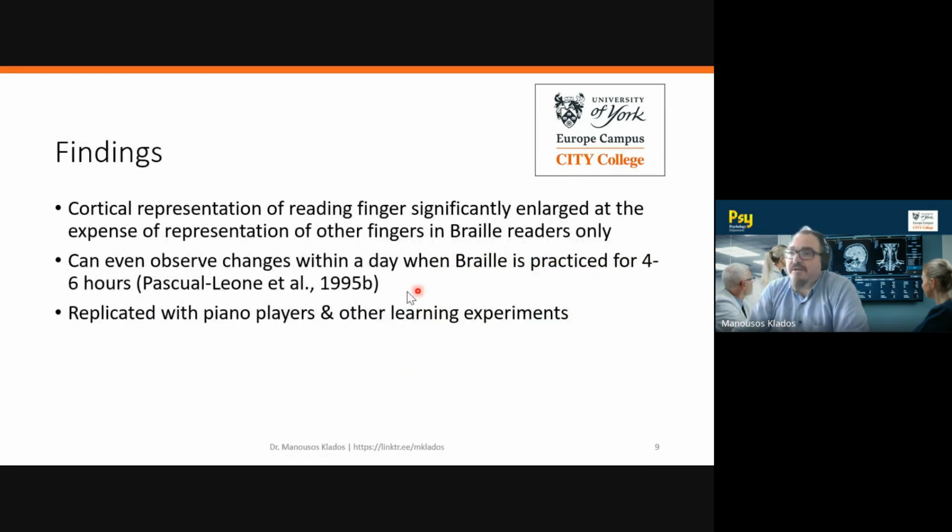And what he found is that the cortical representation of the reading fingers was significantly enlarged at the expense of the representation of other fingers in braille readers only. One can even observe changes within a day when practicing, for example, for 4 to 6 hours. And these findings were replicated with piano players and other learning experiments.